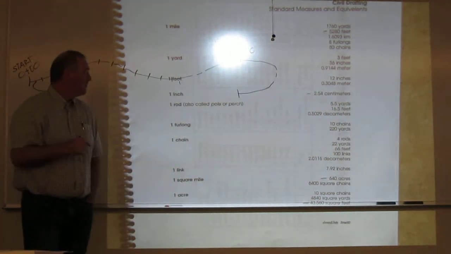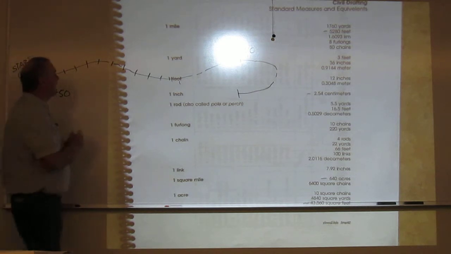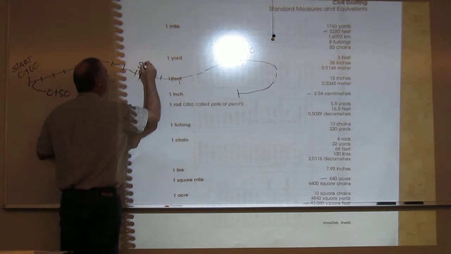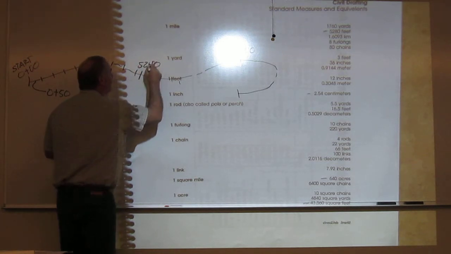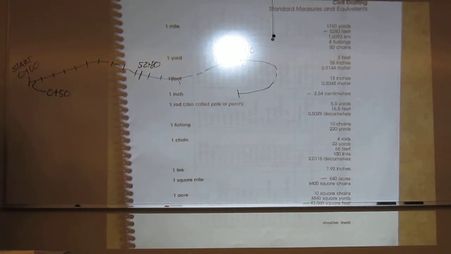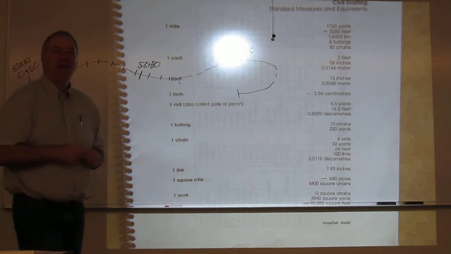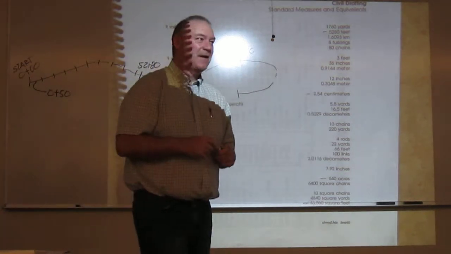Now, keep in mind, are those mile markers right? So when I get to a station like right here, and it is station 52 plus 80, I'm now 1 mile into the road, right? Because I'm at 5,280 feet. Is that road really 5,280 feet at that point? No, it's not.